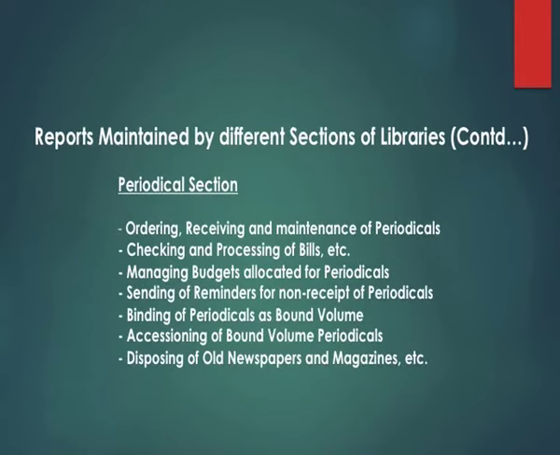Various reports are maintained in this section relating to ordering, receipt and non-receipt of periodicals, issuing of reminders and binding of periodicals, etc. Depending on the need, one or more files may be required for correspondence relating to subscription of periodicals, which may include quotation papers, price lists from the publisher, lists of periodicals, suggestions received from users, etc. All these correspondences and related papers are to be maintained properly for the smooth functioning of the activities.